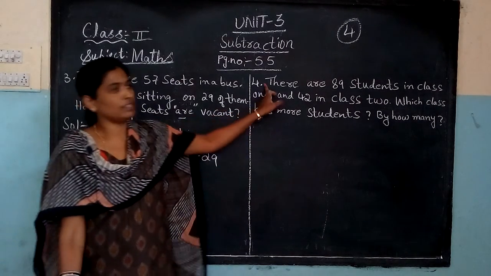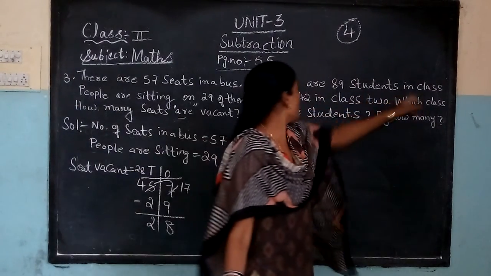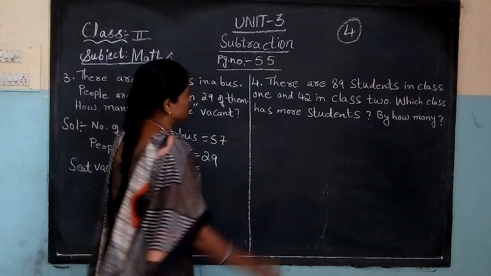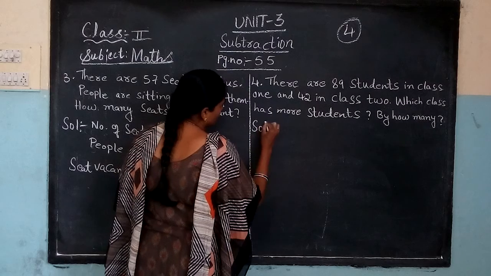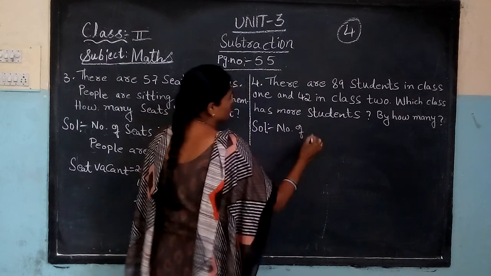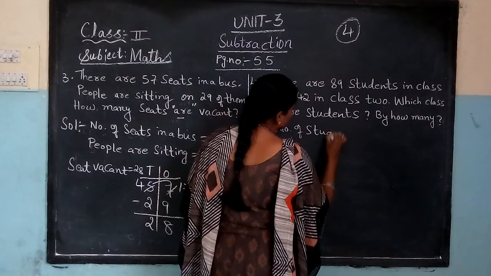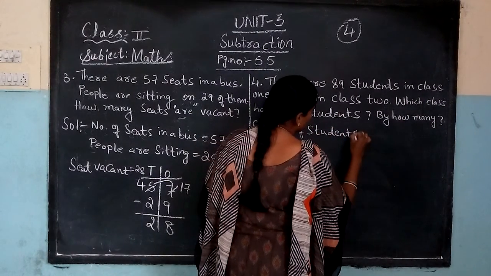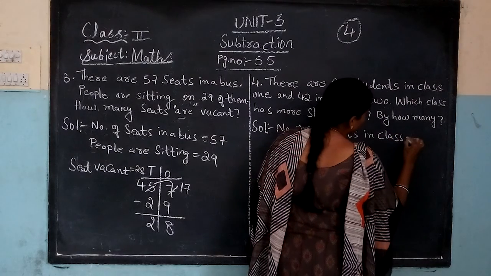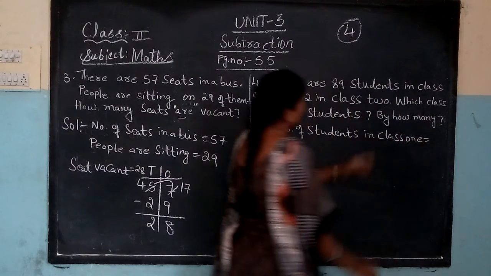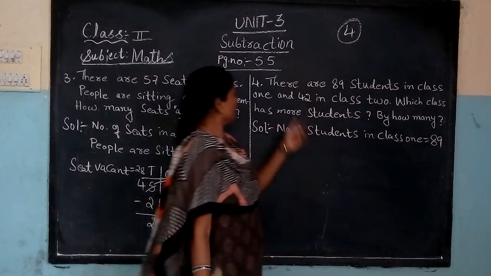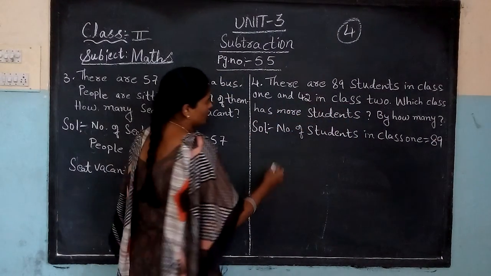Next one, the fourth one. There are 89 students in class 1 and 42 in class 2. Number of students in class 1, tell the solution. Number of students in class 1, how many are there? Yes, 89. Again in class 2, how many are there? 42.